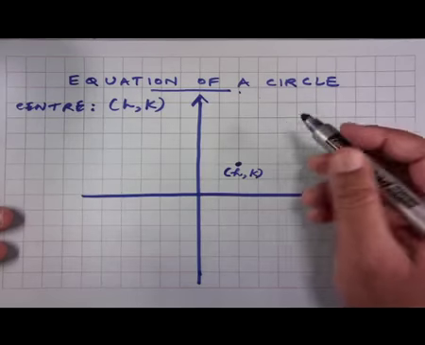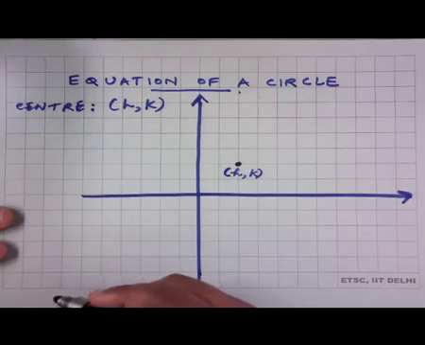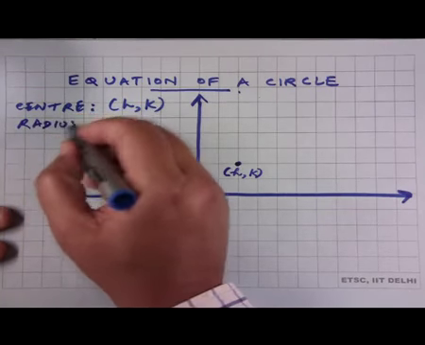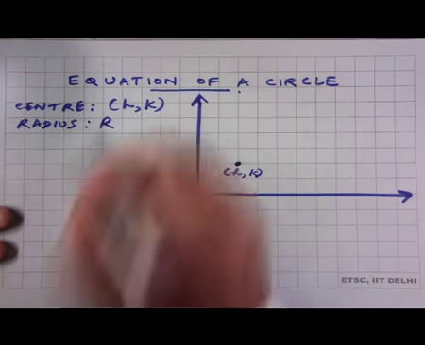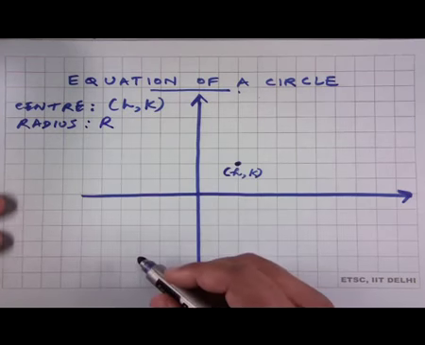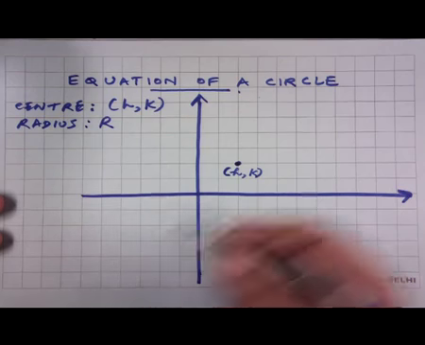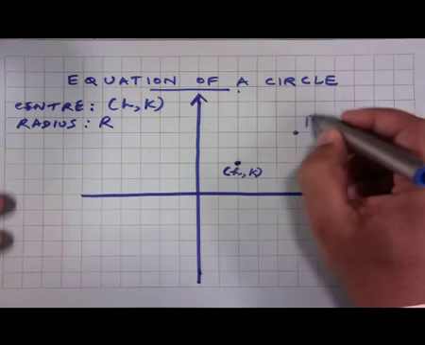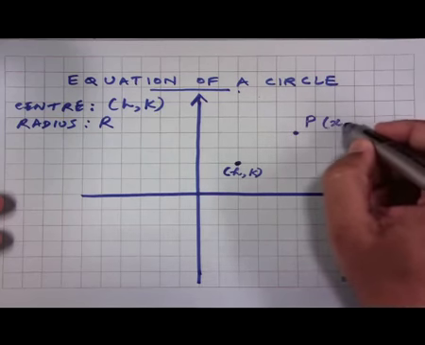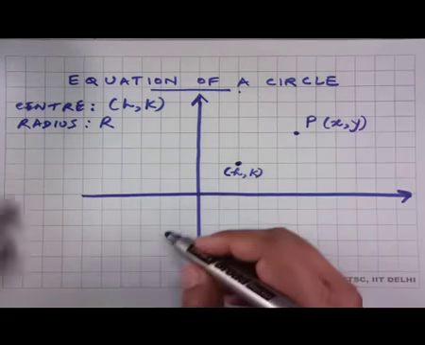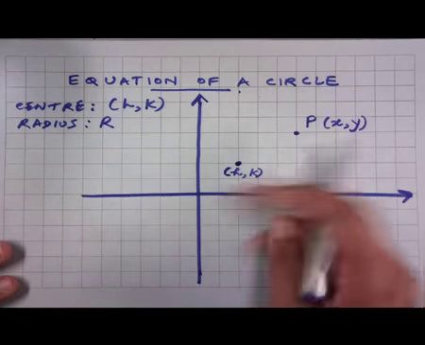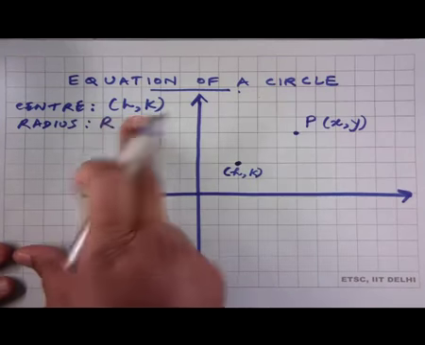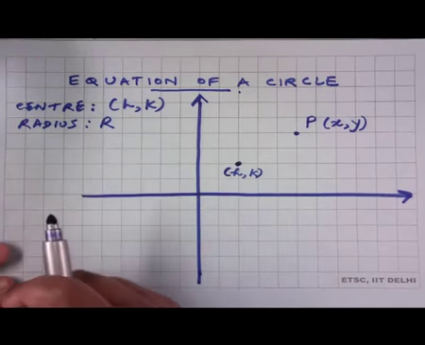And let us say that the radius is r. Now suppose there is a point P whose coordinates are x and y, and P lies on this circle having center (h, k) and radius r.